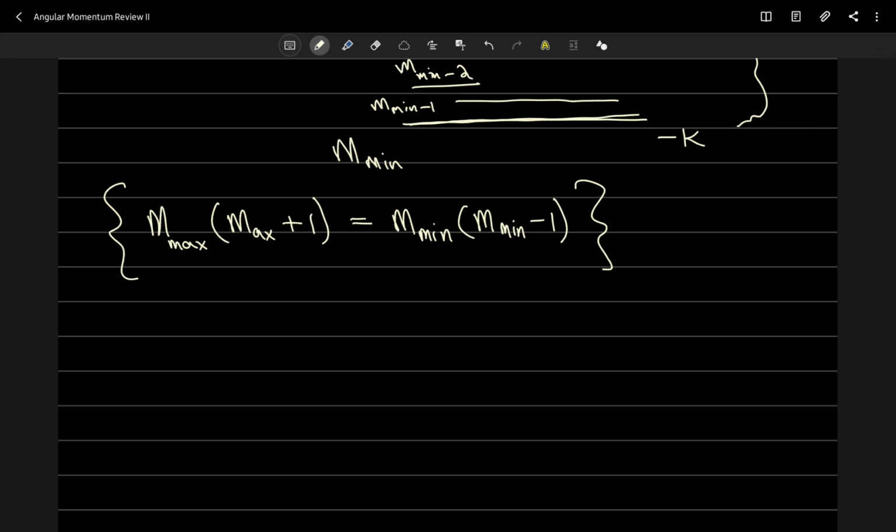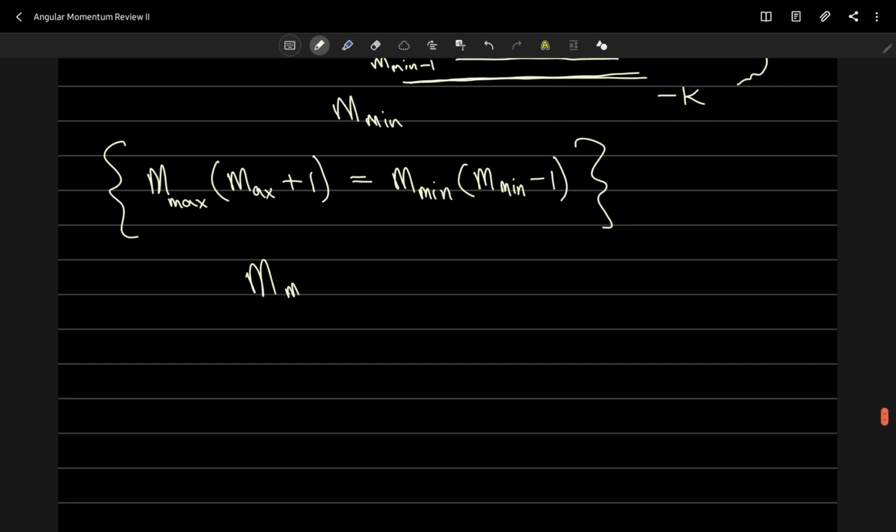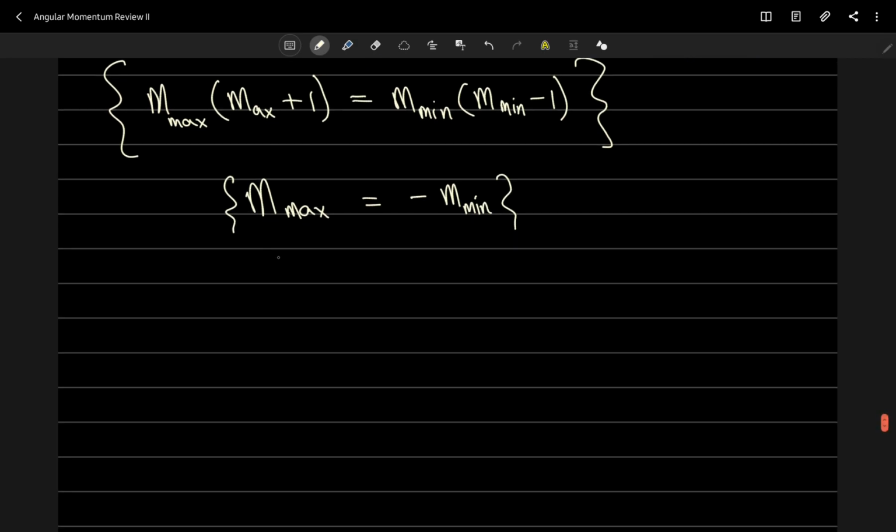It is immediate that it is satisfied when m maximum is equal to the negative of m minimum, right? So with this condition, and note that we have j squared is equal to h bar squared k squared, which is equal to h bar squared times j into j plus 1, right?